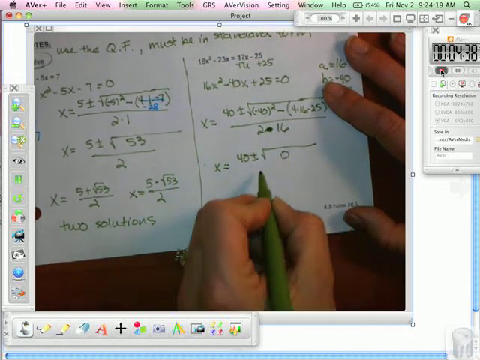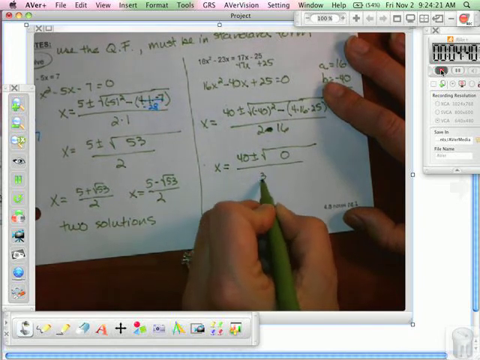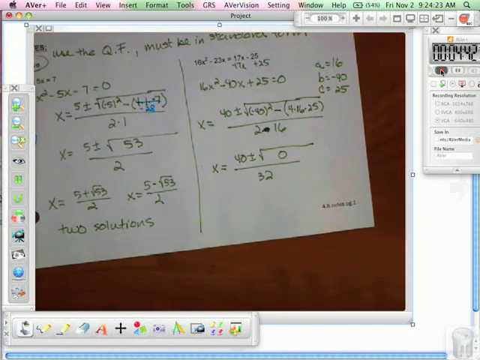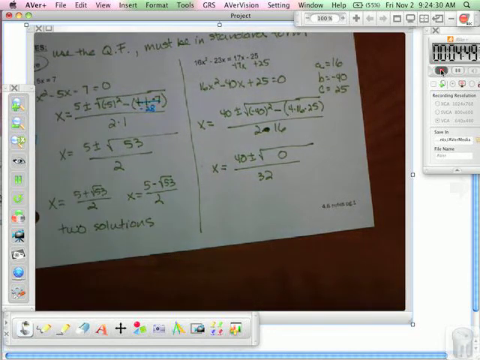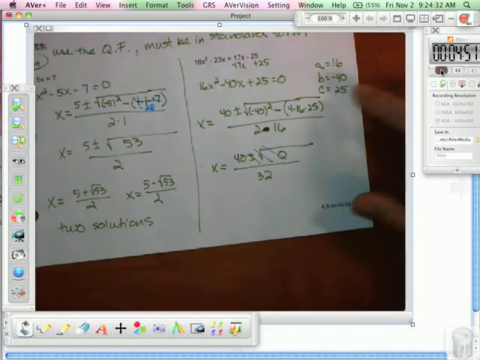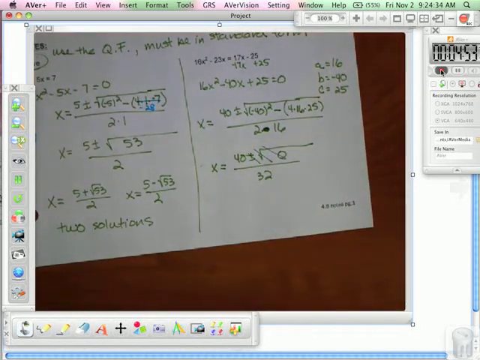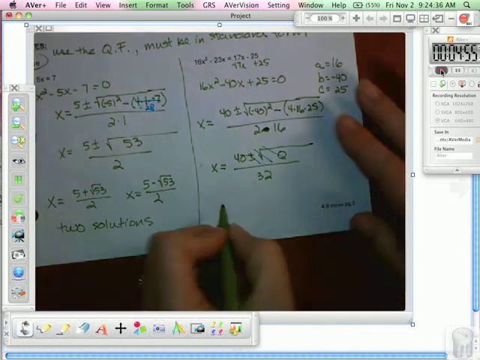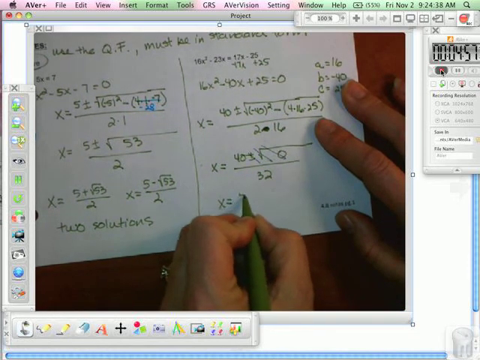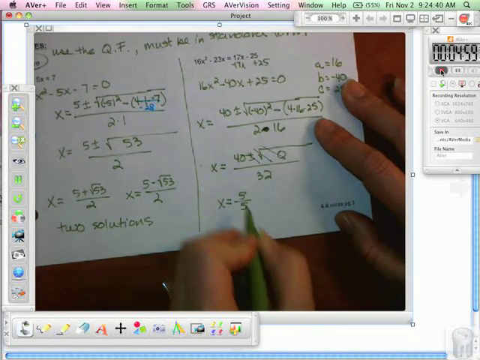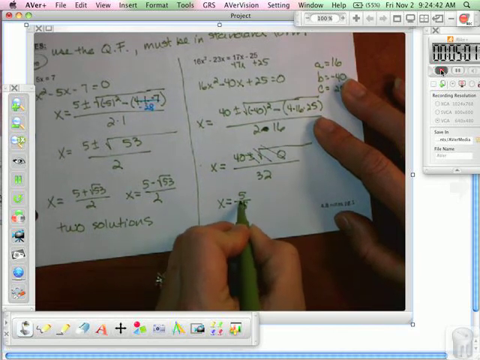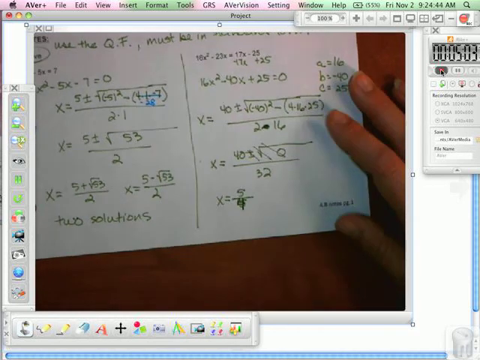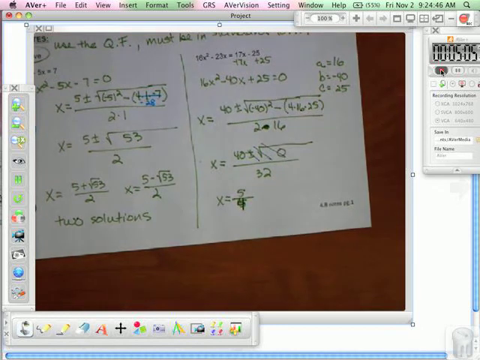Oh, look what happens underneath there. It's 0. What's the square root of 0? 0. So really, this part becomes irrelevant. So it's like 40. So you really only have one solution which is reduced as 5 over 4, not 5, 5 over 4, because 40 over 32 reduces to 5 over 4.